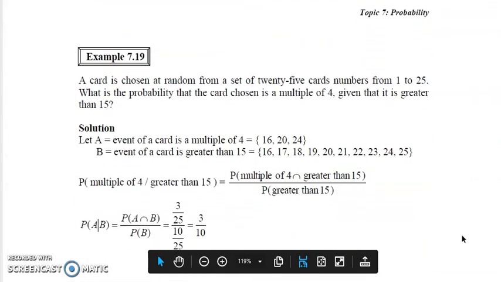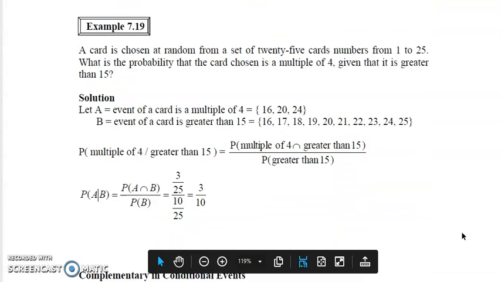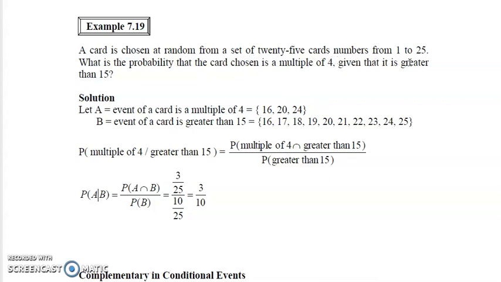Okay, example 7.19. You can see from here, a card is chosen at random from a set of 25 cards, numbers from 1 to 25. What is the probability that the card chosen is a multiple of 4 given that it is greater than 15? So we have two events.